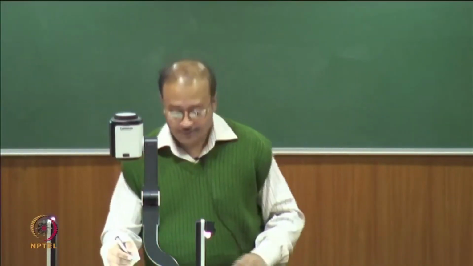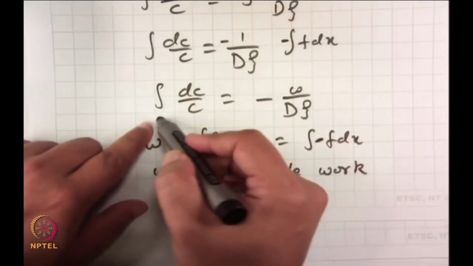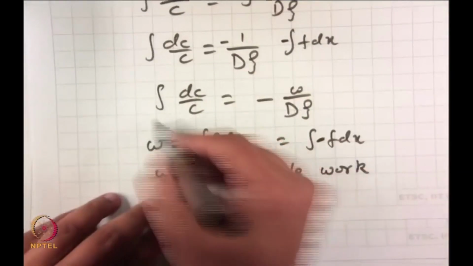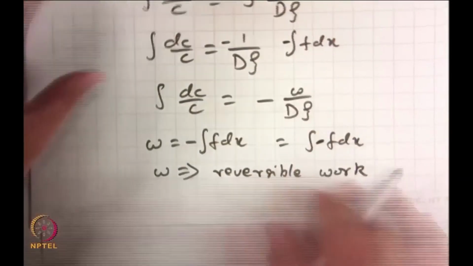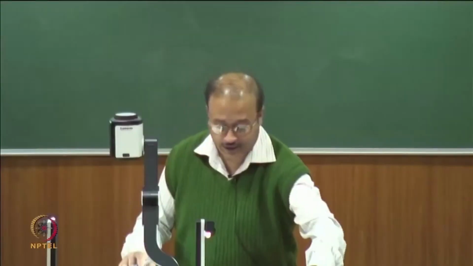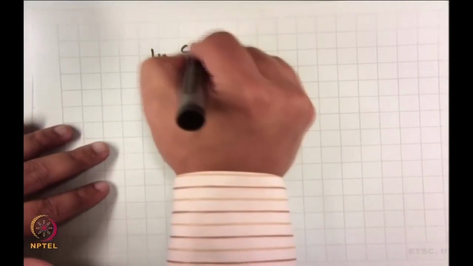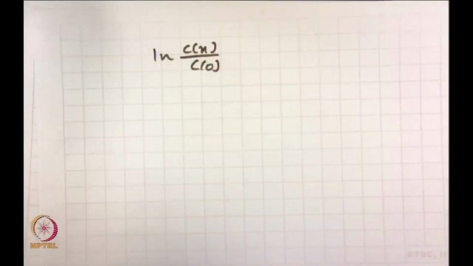Now, if you integrate it, look at the integral limits, x is equal to 0 to x is equal to x, say. So, what I can write now is natural log C of x over C where x is equal to 0, because that is what you are integrating it from, right.